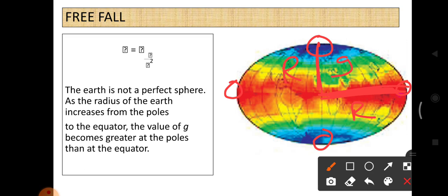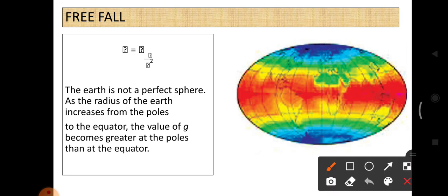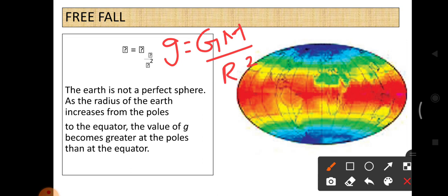How can we say that the acceleration due to gravity, that is g, increases at the pole compared to the equator? See, you have to take this equation g equals G M by r squared. Here the capital G is the gravitational constant. The M is the mass of the earth.